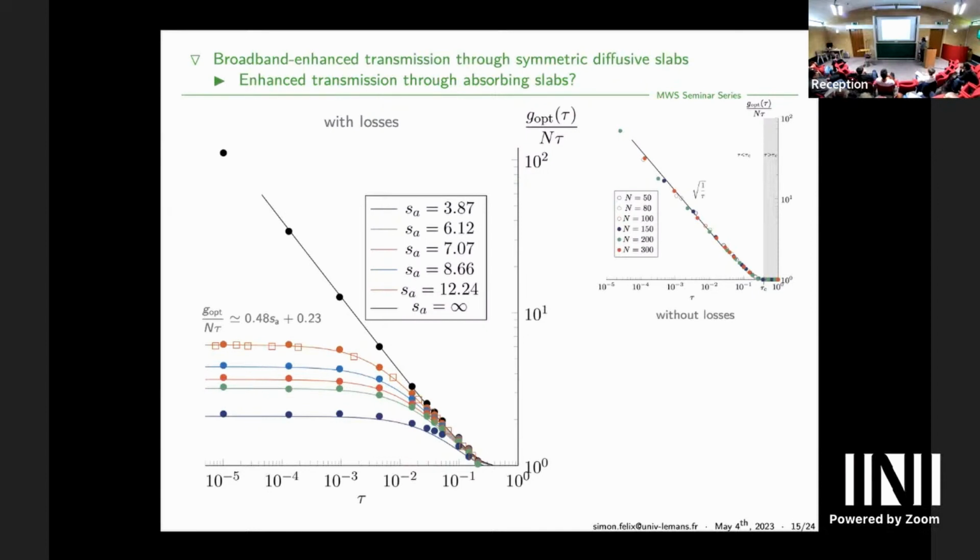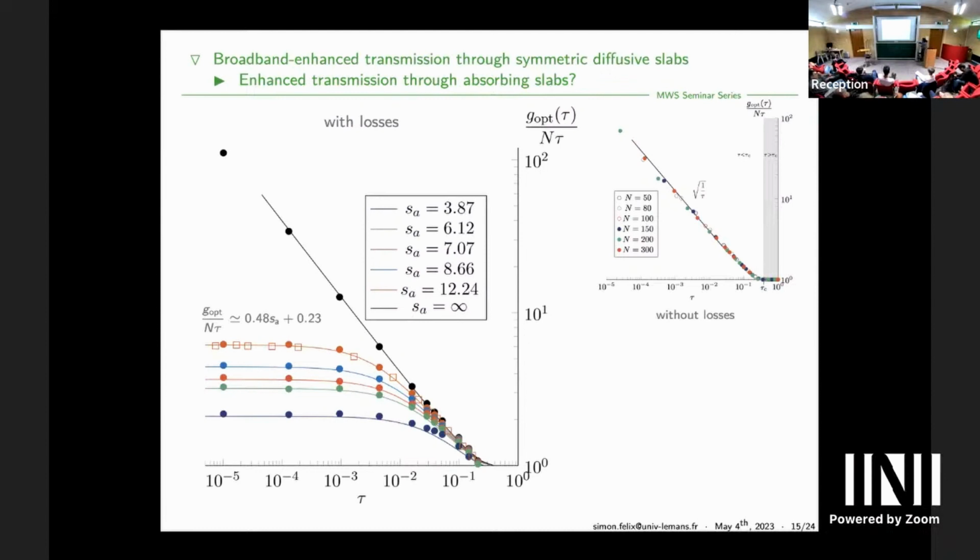And the enhancement scales as the inverse of the square root of τ, the conductance of the barrier. Which means that the more opaque the barrier, the stronger this effect of enhancement. And this holds for any frequency, because we tested different frequencies. I call N the number of probability modes, to give me information on the frequency.